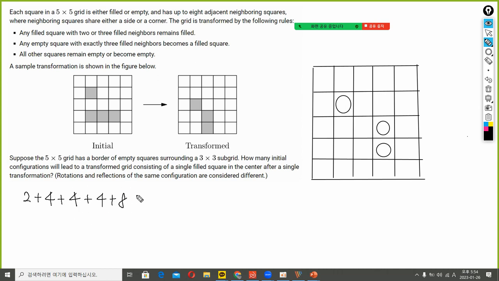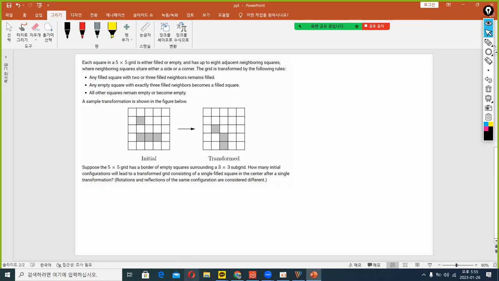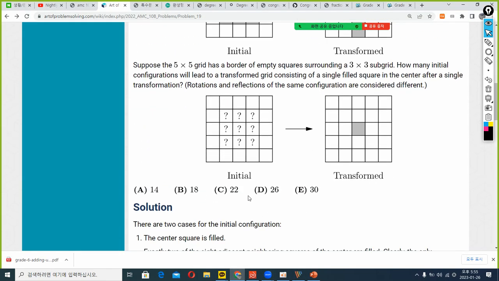So when we add all these 5 types, the number of cases is 22. So the answer is C.